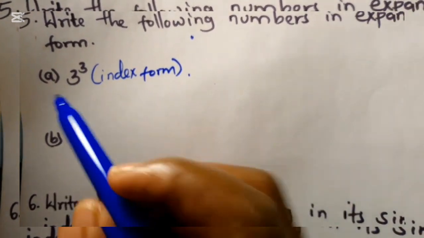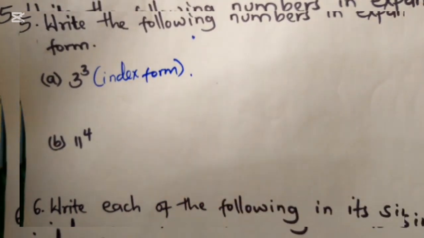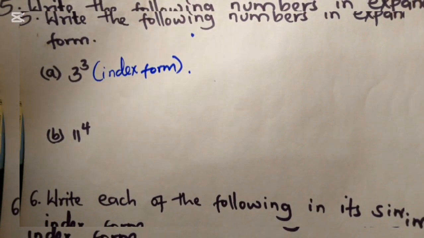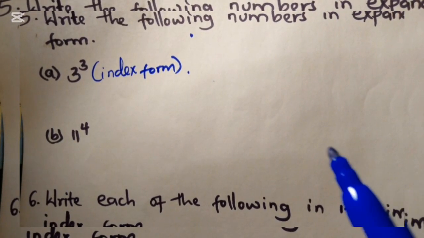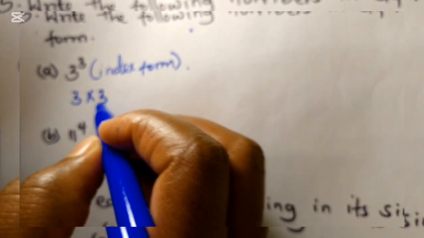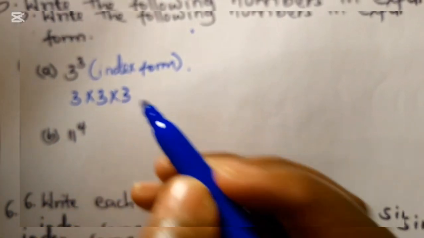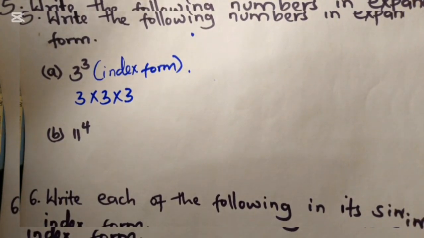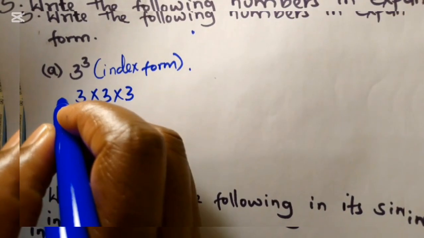So 3 has been raised to 3, meaning that 3 was multiplied by itself how many times? Correct, 3 times. So this will be 3 times 3 times 3. The number has been multiplied by itself 3 times.